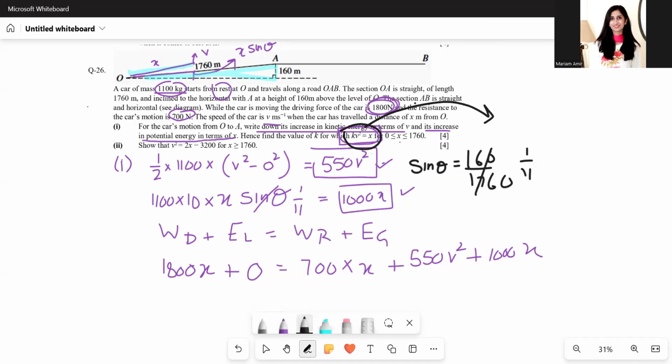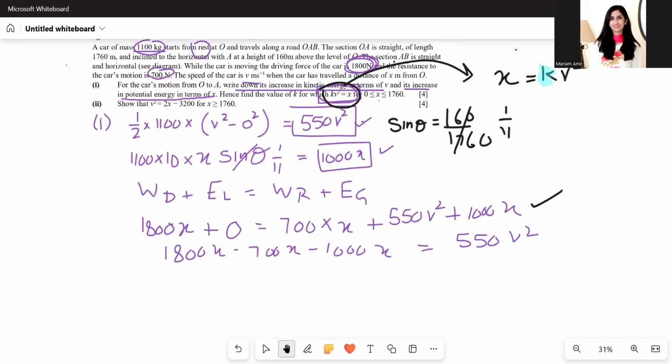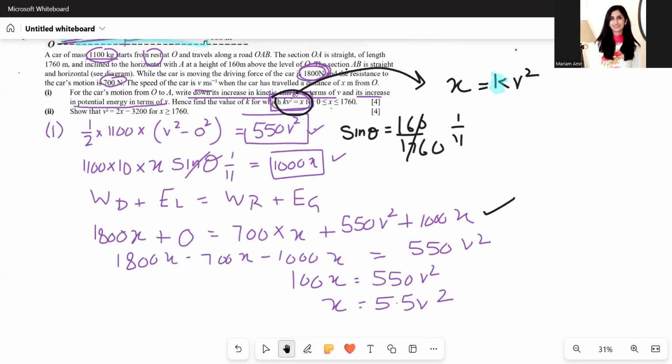In this equation, we'll make X the subject, and the coefficient of V squared will be the k for us. To make X the subject, move all X terms to the same side. So we have 1800X minus 700X minus 1000X equals 550 V squared. We get 100X equals 550 V squared, and then we get X equals 5.5 V squared, which means that k is equal to 5.5.